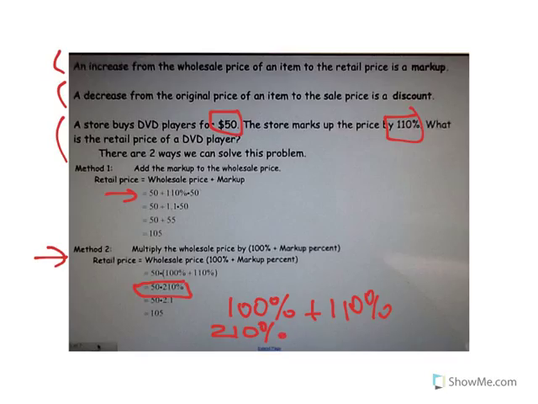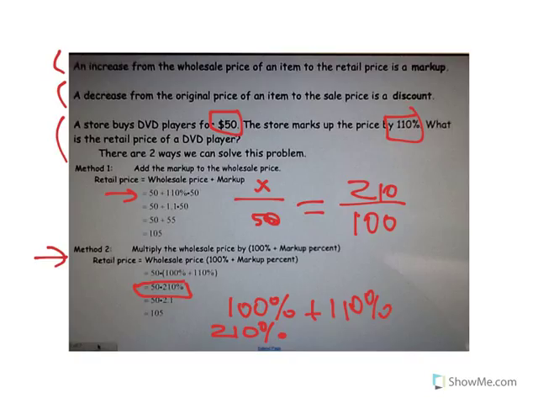If you want to think about it this way, it could be like this, 210, because that's going to be the new percentage over the old, and then that's the new price over the old price. The old price was $50, and now what's the new price going to be?